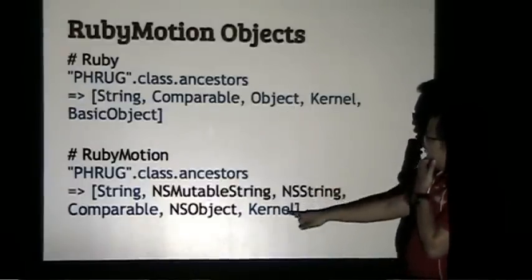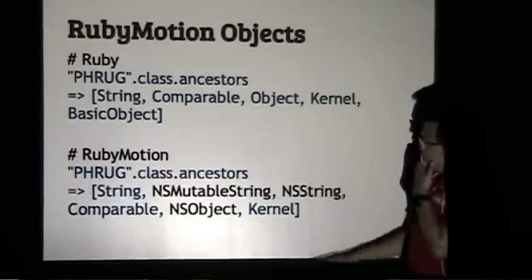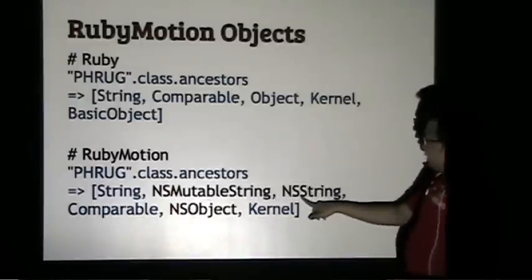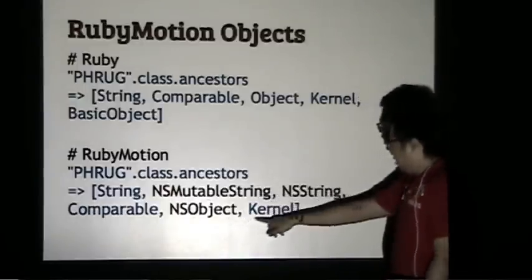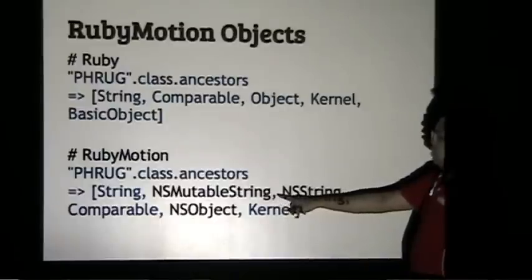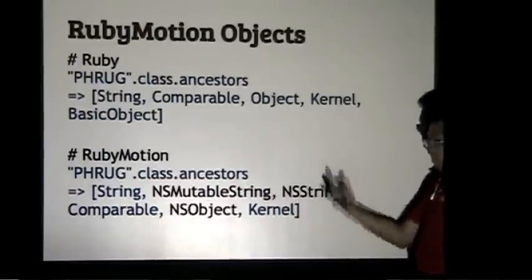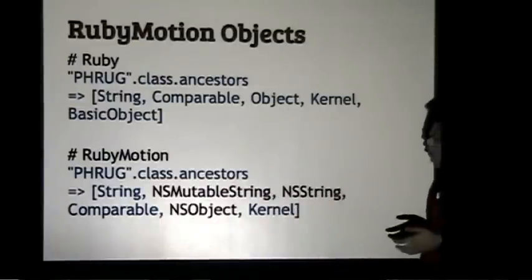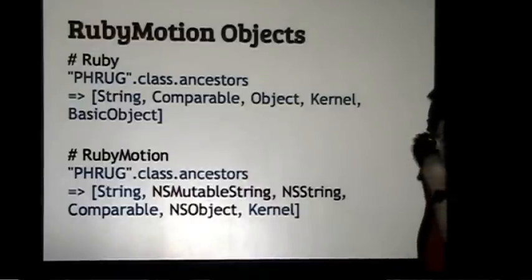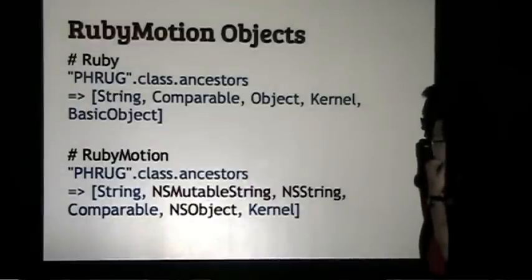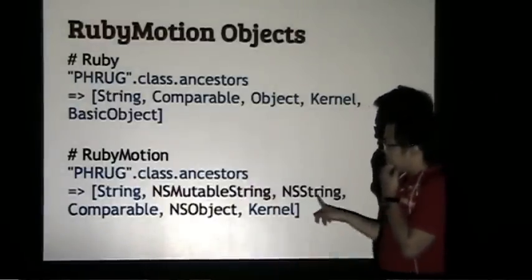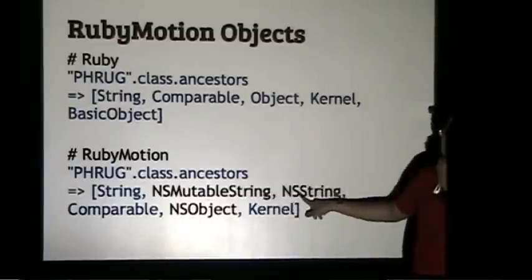In RubyMotion, you have a bunch of other classes added in between, these classes that start with NS, which means NeXTSTEP, the company Apple acquired. These classes are coming from the iOS SDK basically.